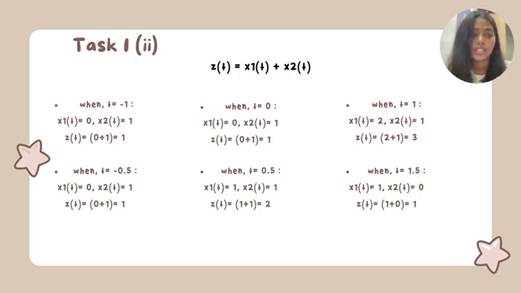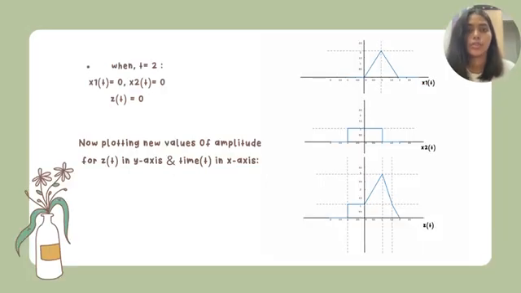When t is equal to 1.5, x1 is equal to 1 and x2 is equal to 0, so zt is also 1. When we take t equal to 2, x1 is 0 and x2 is 0 as well, so zt is equal to 0. So now we have all the new values of amplitude for zt.